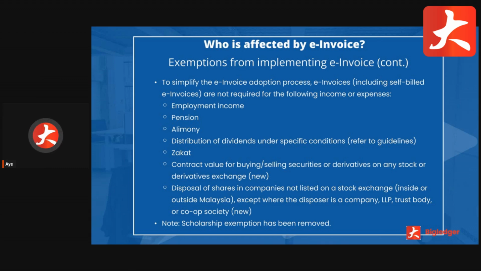For example, employment income, pension, alimony, distribution of dividends under specific conditions, zakat, contract value for buying or selling securities or derivatives at any stock or derivatives exchange, then disposal of shares in companies not listed on a stock exchange, except where the disposer is a company, LLP, trust body, or corporation society.